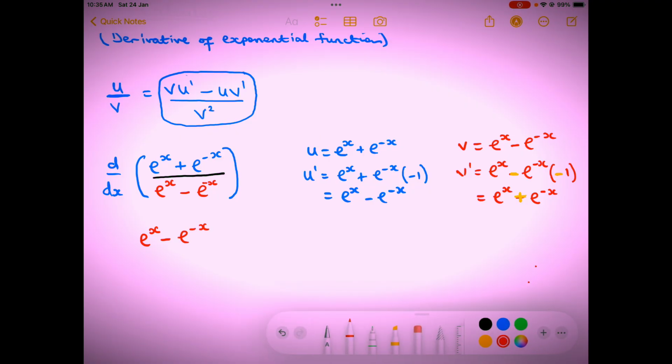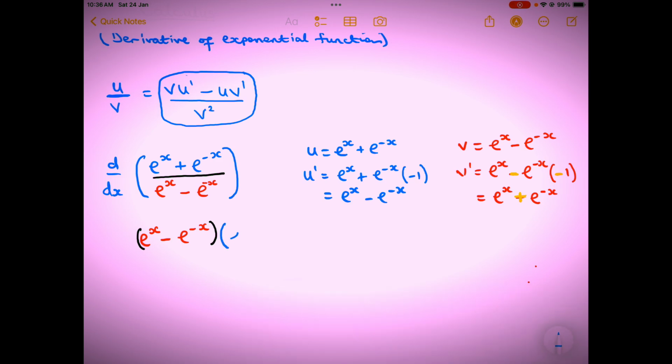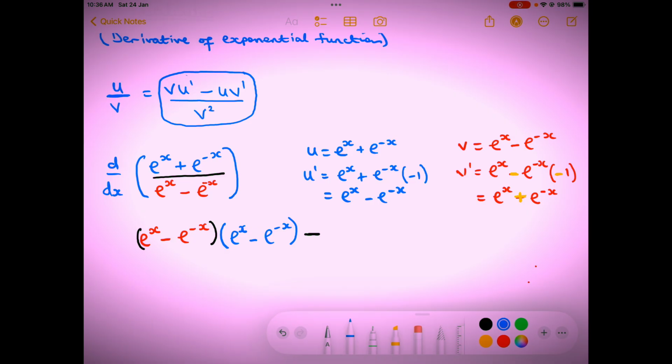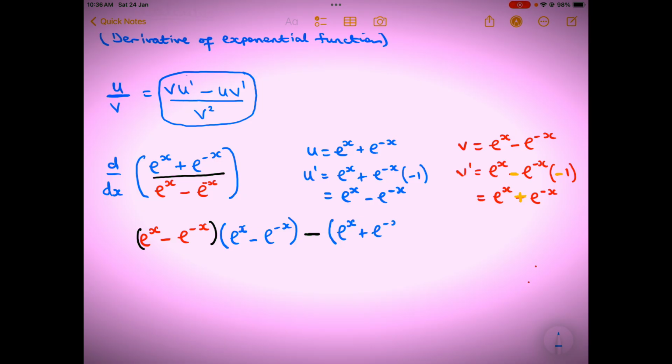Then I multiply all this to the u prime, and the u prime we got is e to the power of x minus e to the power of minus x. So all this minus my u, and my u is e to the power of x plus e to the power of minus x.